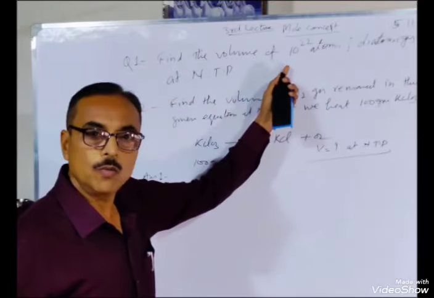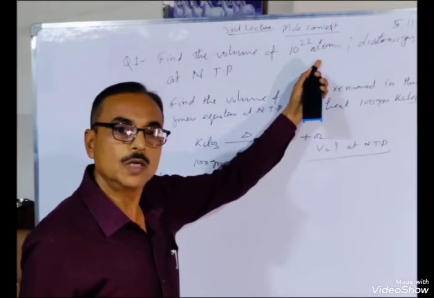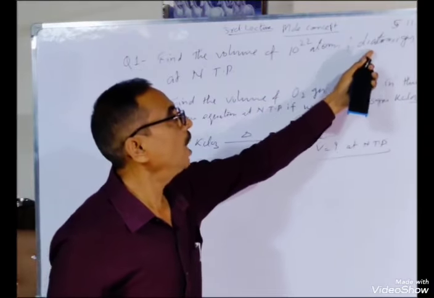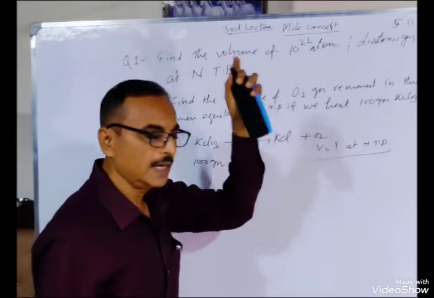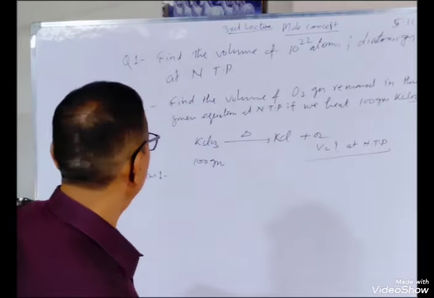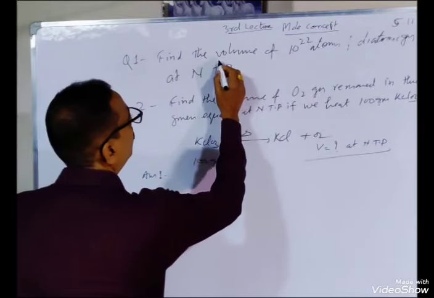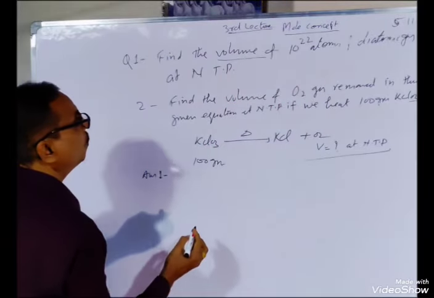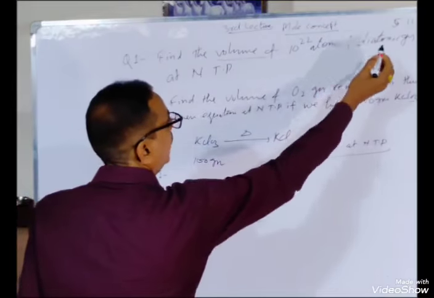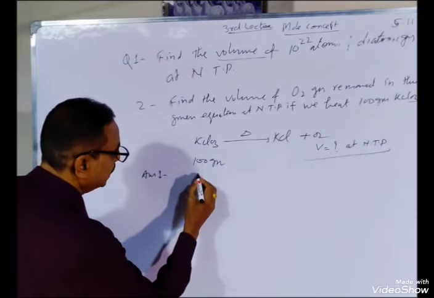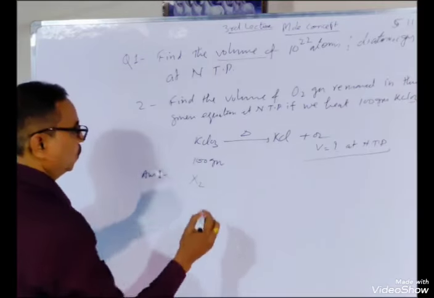find the volume of 10 की power 22 atoms of diatomic gas at NTP. So you have to find out the volume of a diatomic gas. Suppose the gas is X2.